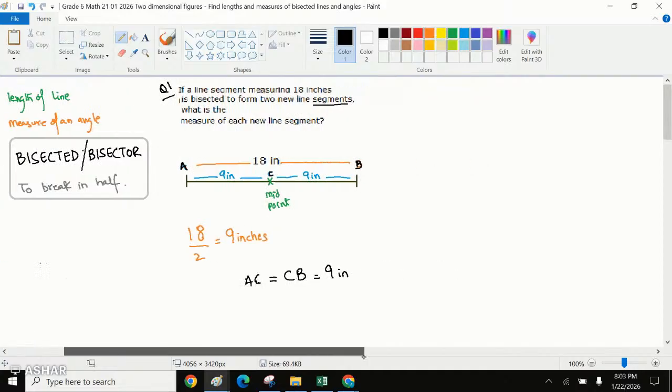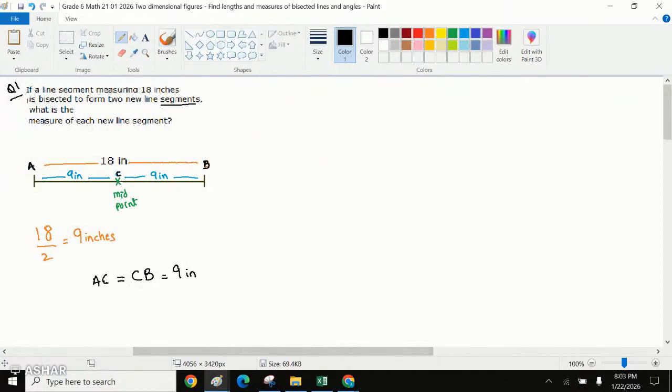Have you ever used a compass? Let's do another example. I cannot use the compass on the screen, but I'll show you how it's done. Let's suppose we are given a line segment, the same line AB, which we knew was 18 inches.